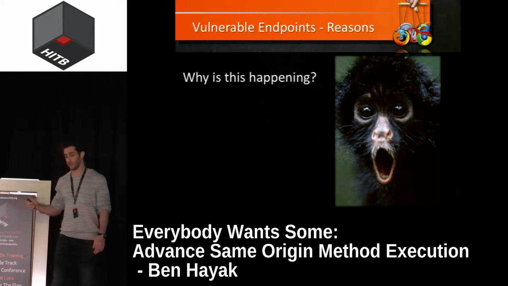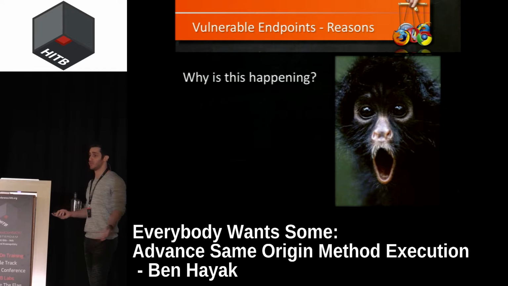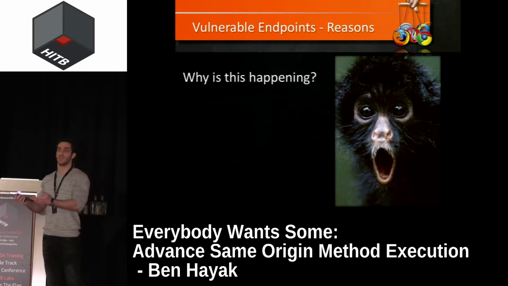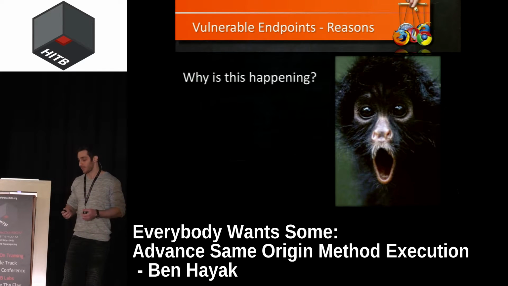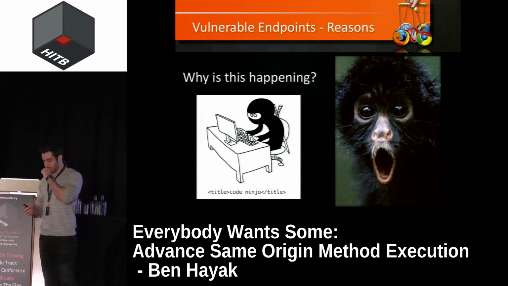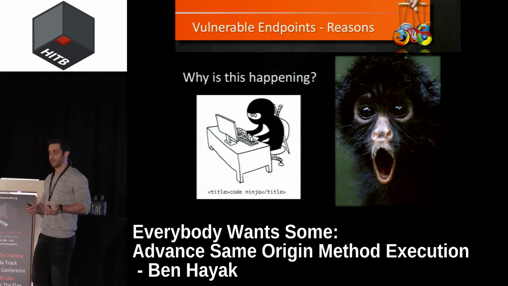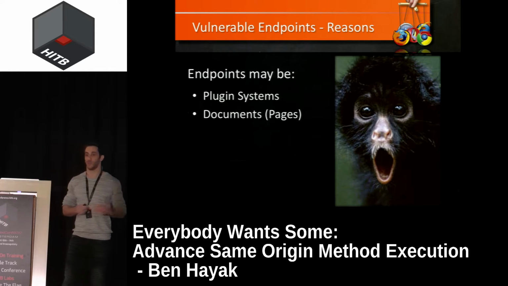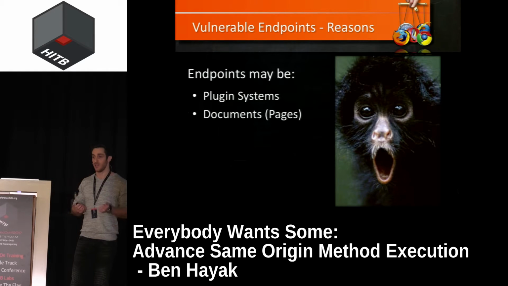Now I want to be fair with you and tell you why people do it. I mean, why would people let you execute a callback function? Why would they give you a parameter to do this? It doesn't make sense, right? So there are reasons. In order to understand the reasons, first we have to understand where, and I actually mentioned that already.